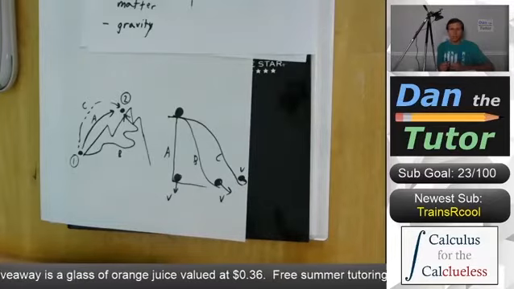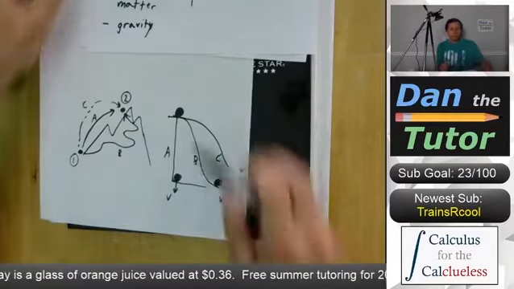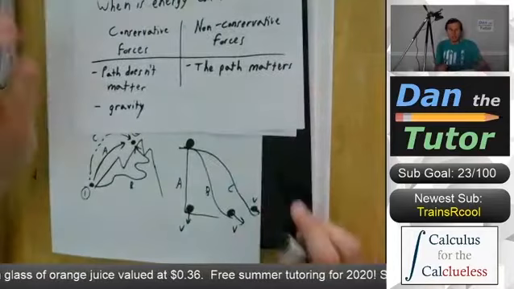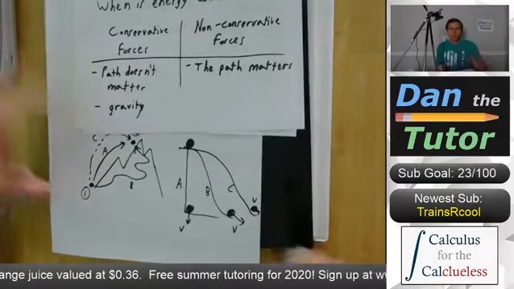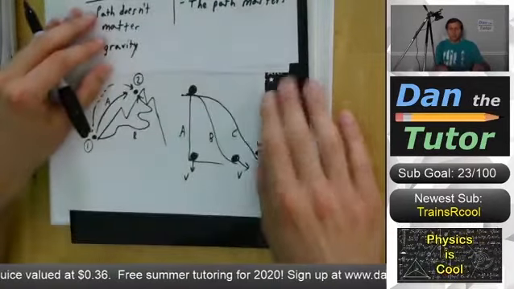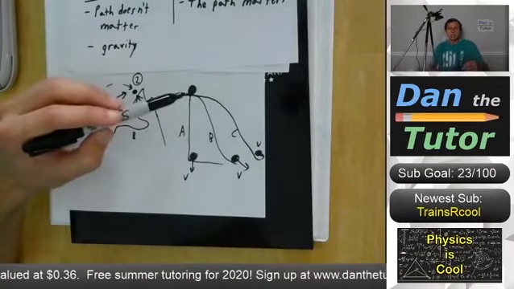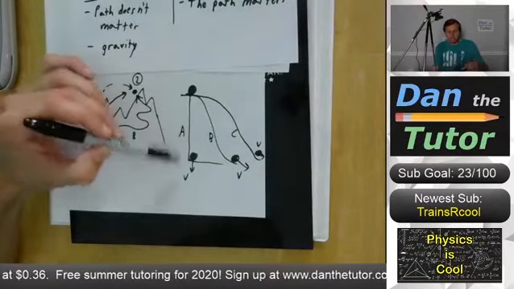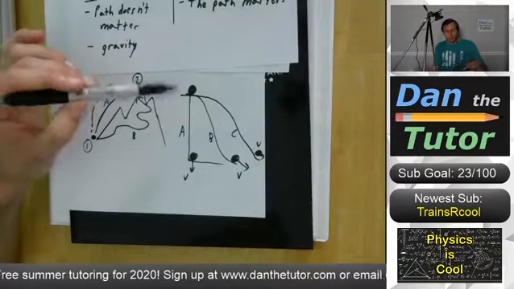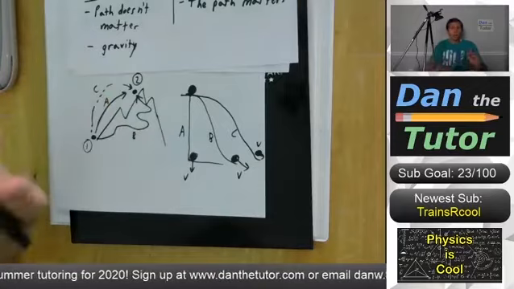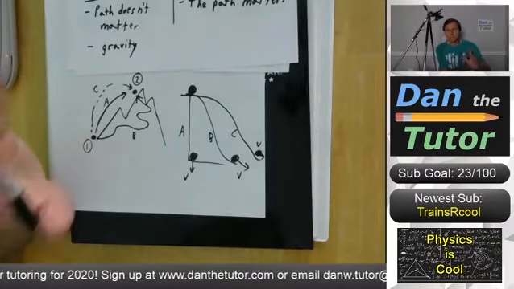But the cool thing about gravity is that it is a conservative force, meaning that the path an object takes does not matter. The energy is going to be the same. Here's another way of thinking about it. Gravity is not going to add energy to the system. It's also not going to subtract energy from the system. Although this ball is going to speed up, the total energy in the system is going to stay the same.